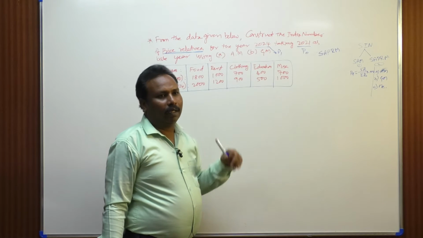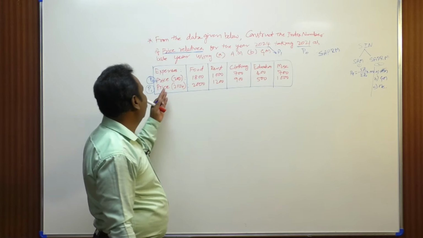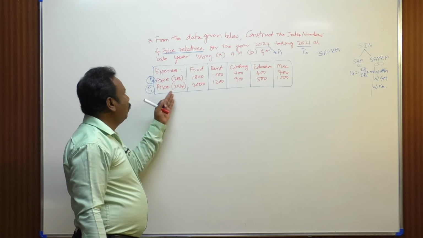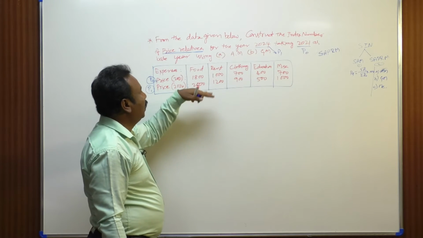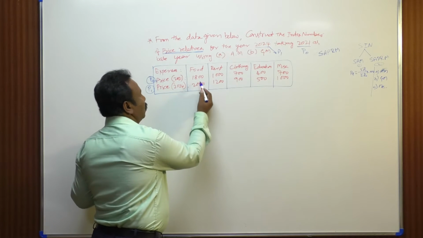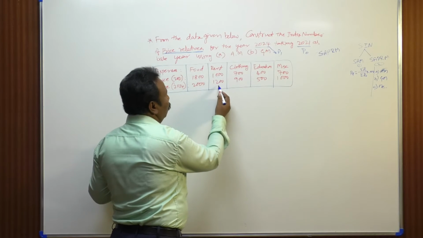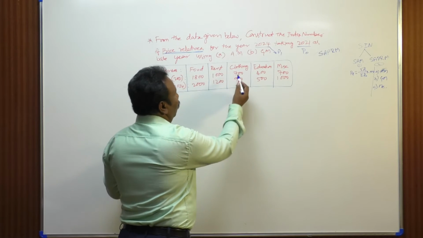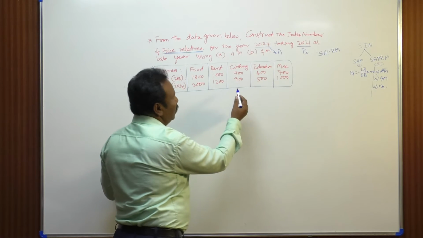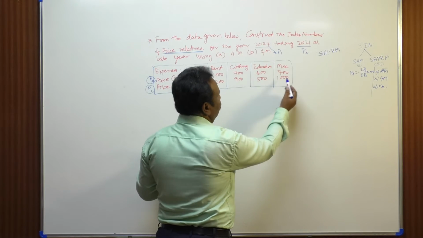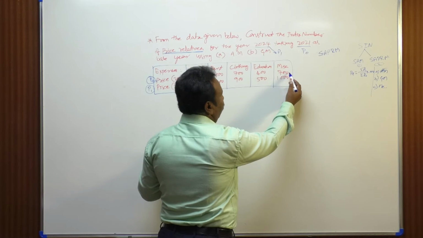So this is the price for the year 2021, in rupees. Price for 2024 has increased: 1800 increased to 2000, rent 1000 to 1200, clothing 700 to 900, education expenses 400 to 500, other miscellaneous expenses 700 to 1000.